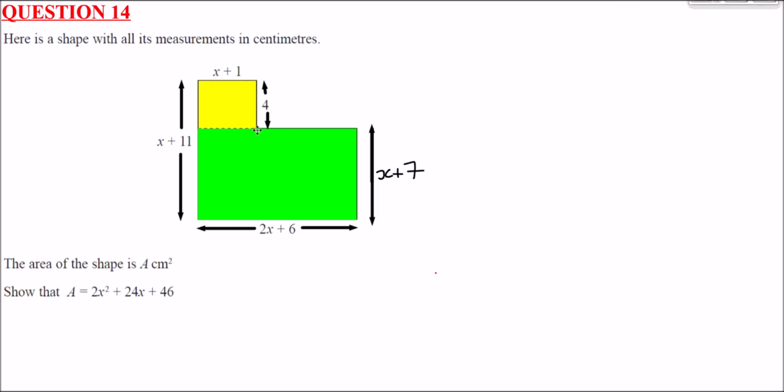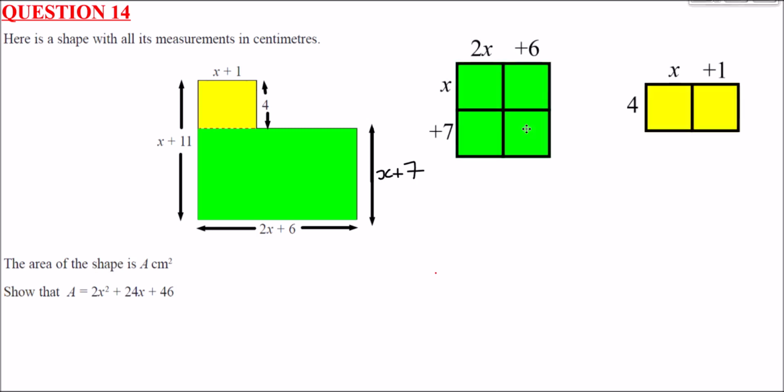Now we know the dimensions of the yellow and the green, we can calculate length times width for each of them. First of all, for this green one, it's 2x plus 6 multiplied by x plus 7. So 2x times x is 2x squared, x times 6 is 6x, 2x multiplied by 7 is 14x, finally 7 times 6 is 42.